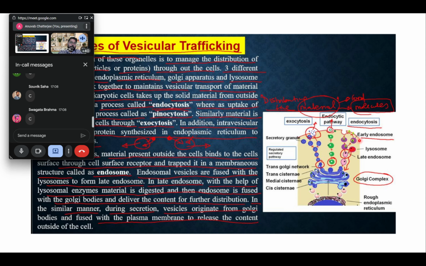First it forms the early endosome, which has just come off the cell membrane, and then it fuses with the lysosome, which is, we know, the trash bag of the cell. It contains hydrolytic enzymes and acidic pH that destroy everything present in the endosome, and then it becomes a late endosome after this fusion, and it travels to the Golgi complex, where the Golgi takes everything useful out of it and uses it to make more proteins, sugars, lipids, etc.